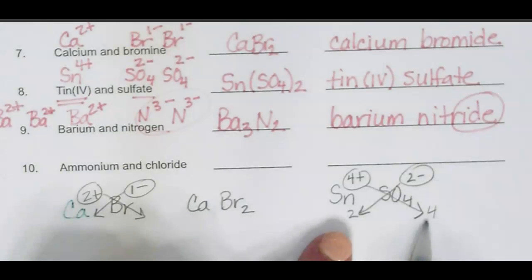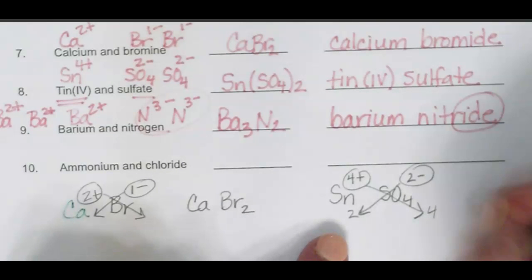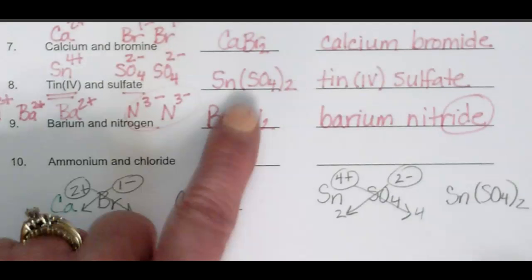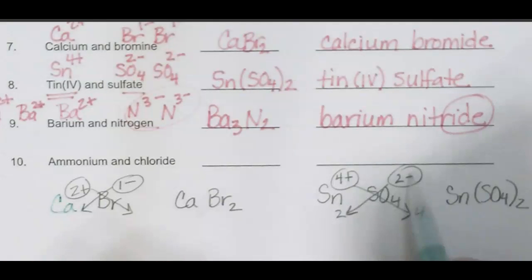And we always want the smallest number. So this is where you would need to reduce those to get the Sn, SO4, 2 that was our answer up here. Okay, and so the crisscross doesn't work here because of the fact those are not in simplest form. So just be careful with that one.